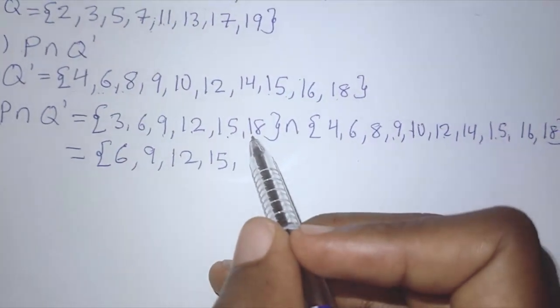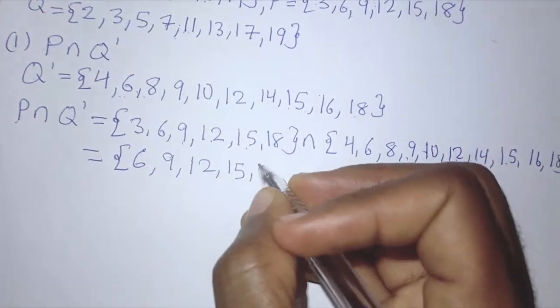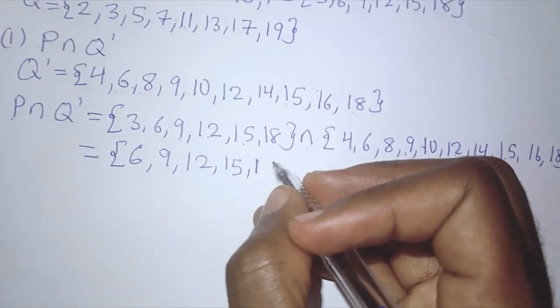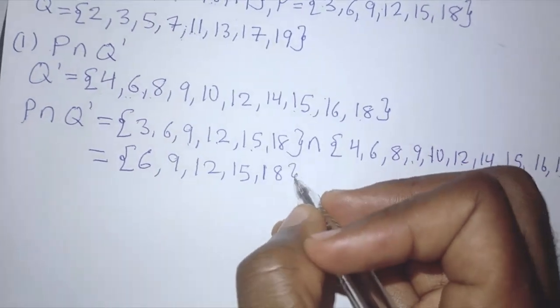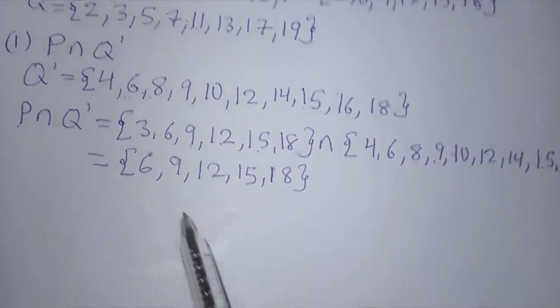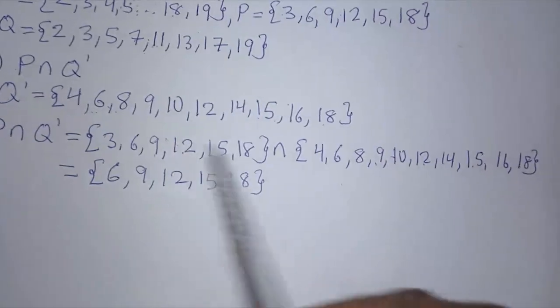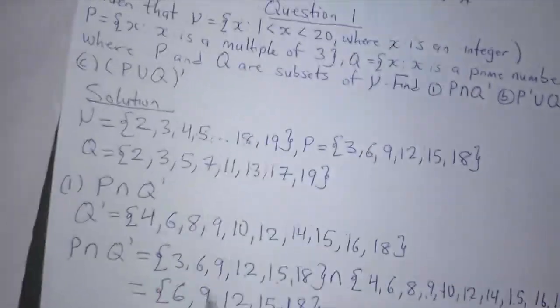So this is 18 and this is 18, so we include 18. So these are the elements in P intersection Q prime. You have 6, 9, 12, 15, and 18. And if you check, you notice that those are the elements that are common to the two sets. So that's for the first question.